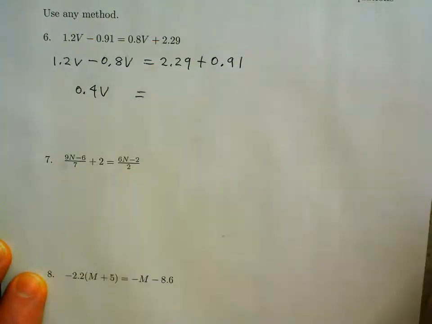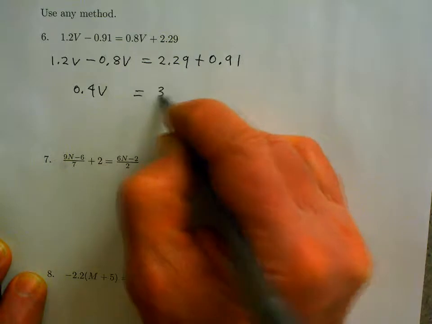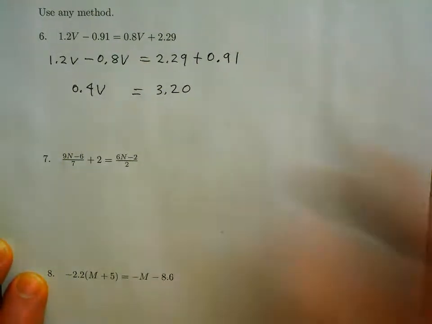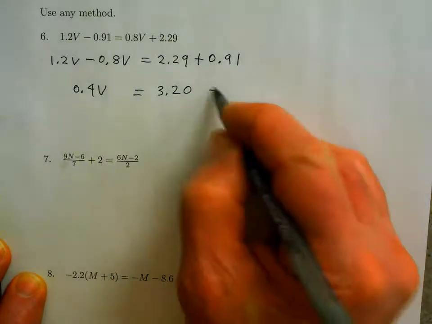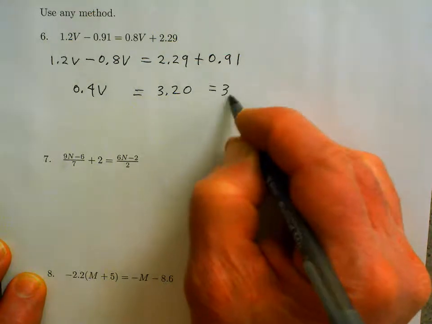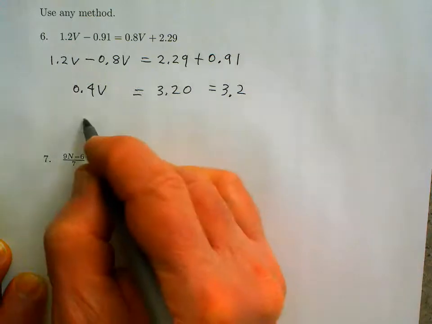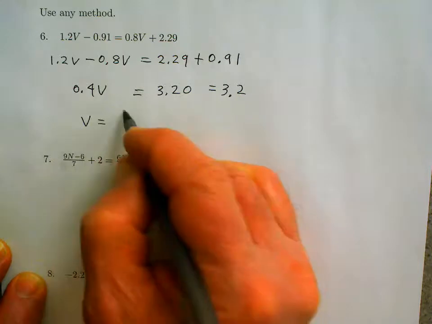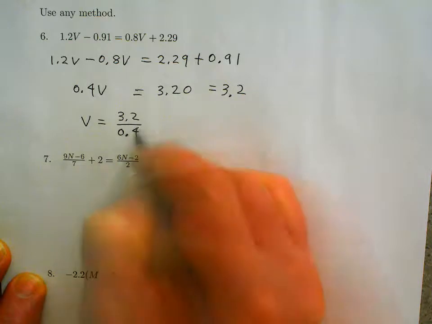And on the right-hand side, 2.29 plus 0.91, that is just 3.20. But another thing about decimals, 3.20 is equivalent to just 3.2. And then divide both sides by 0.4. So v is equal to 3.2 divided by 0.4.